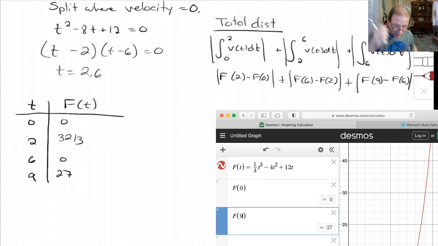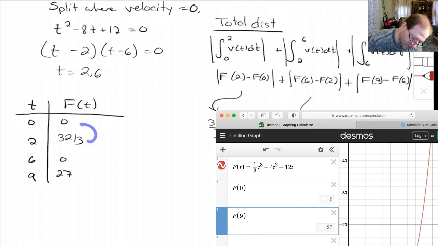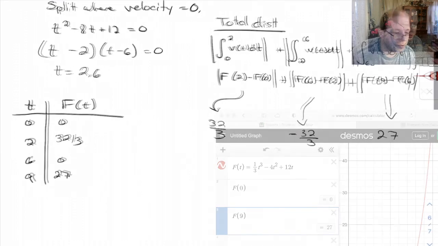All right. So when I come over here and do this, I get this first bit is 32 over 3. This one is going to be 0 minus 32 over 3. Just notice it's just this minus this, this minus this, and this minus this. And the last one is just going to be 27 minus 0. Let me turn Desmos off so you can see that.